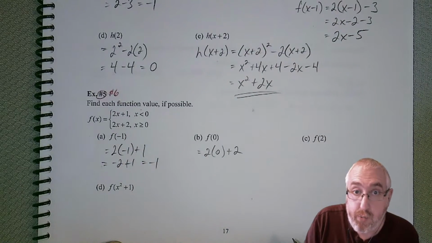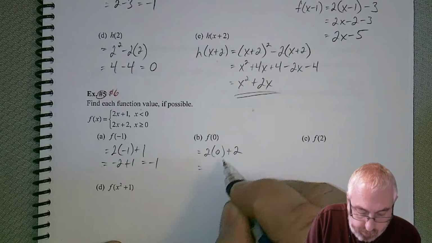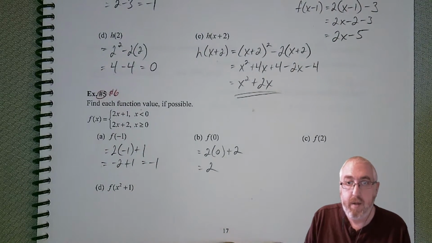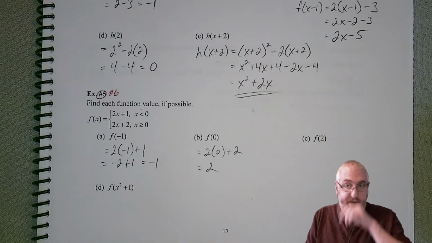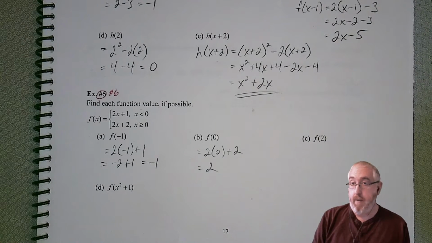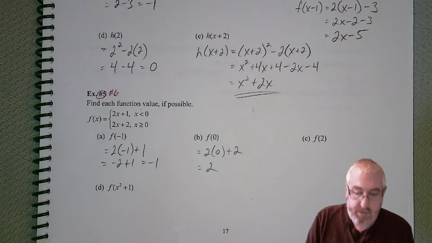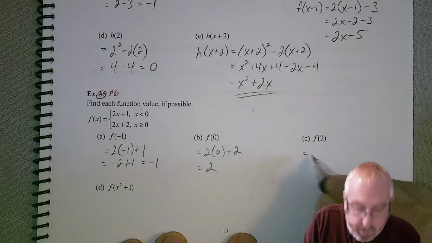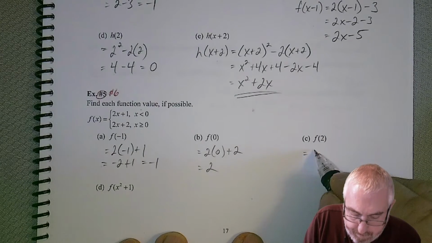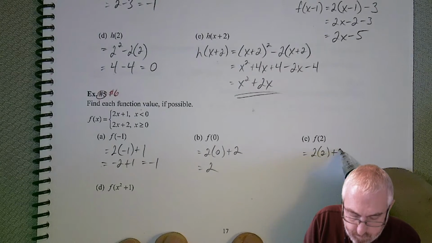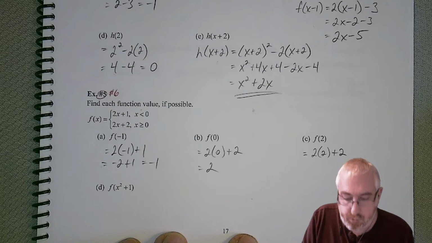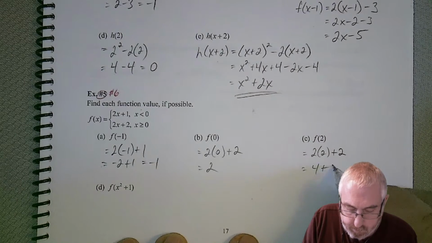So plus 2 now. 0 plus 2 is 2. So what about f of 2? What should f of 2 be then? So again, top or bottom, and then just simplify it down. And hopefully you said bottom. So 2 times 2 plus 2, 4 plus 2 is 6.